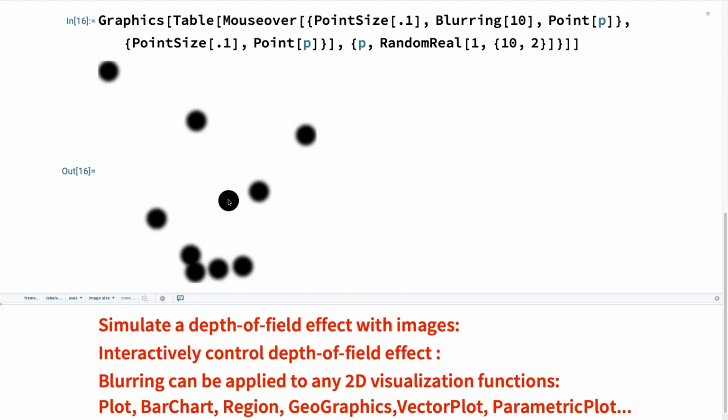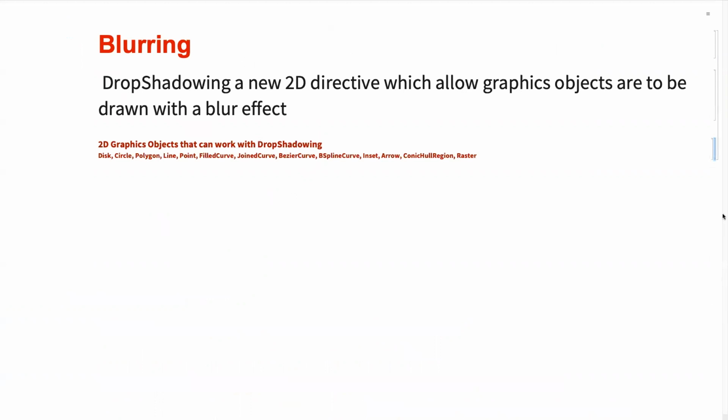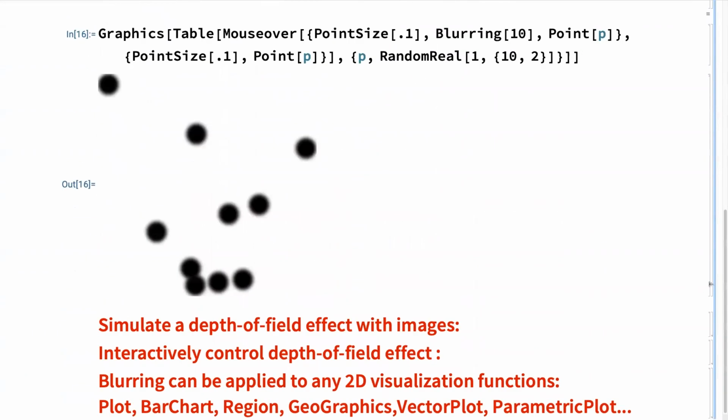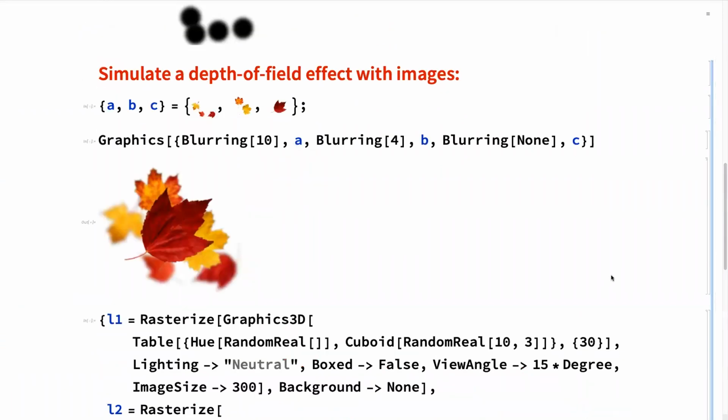So it might catch people's eye more on these objects. There can be multiple uses. Another possible use is to have depth of field results, like to simulate what the camera does.